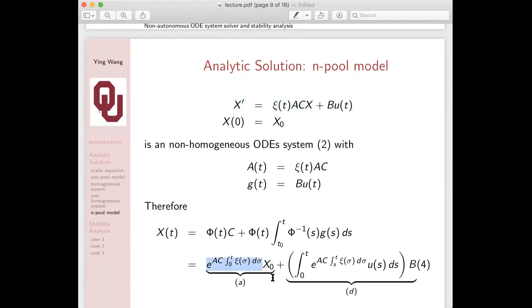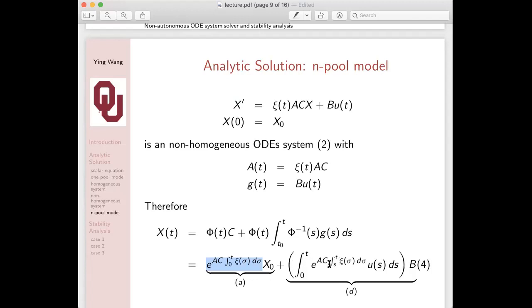C is just x naught, okay? And here inside this integral, you have phi inverse at S. So that means here, this will be integral from negative S to 0. And then you move this into this integral, you have the phi here combined together with the phi inverse, that will be integral from S to T.